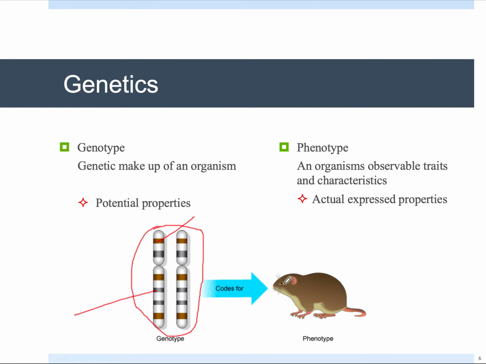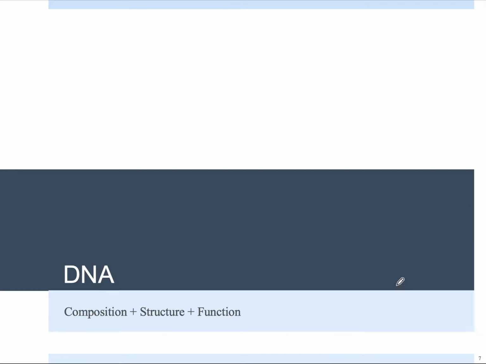In the end, we see that the organism is showing brown color. So what it means is that brown is dominant over black, and that in the presence of brown, black is not expressed. Okay. So this information that is in the gene is the genotype. It's the genotype of the cell that will make up the organism. And the ones that we see, the observable traits, are the phenotype. So that's the phenotype of the organism.